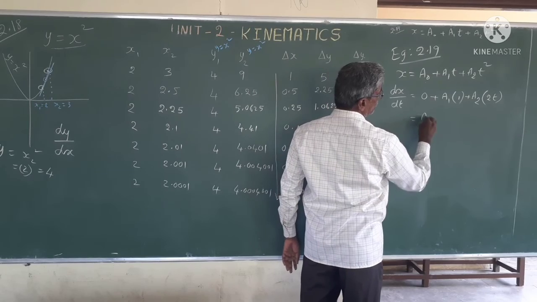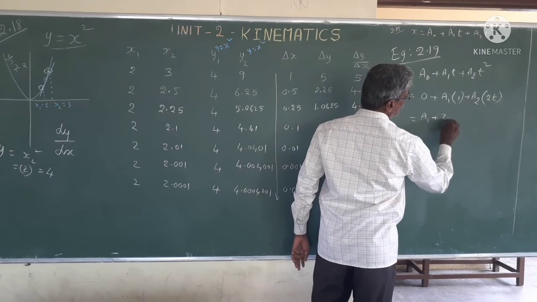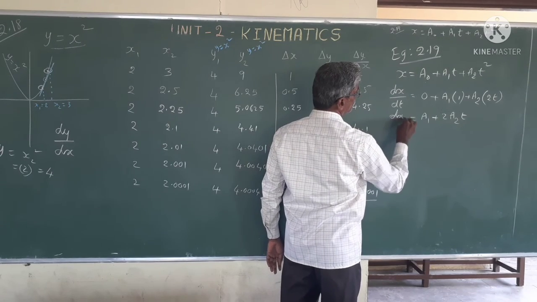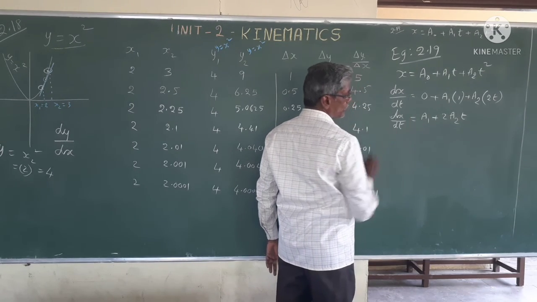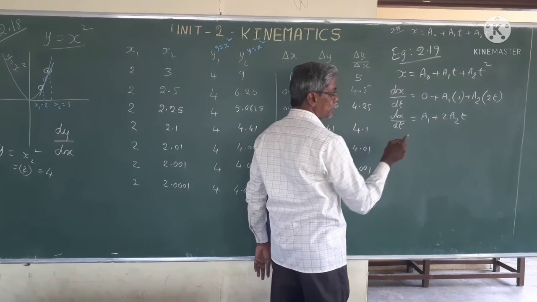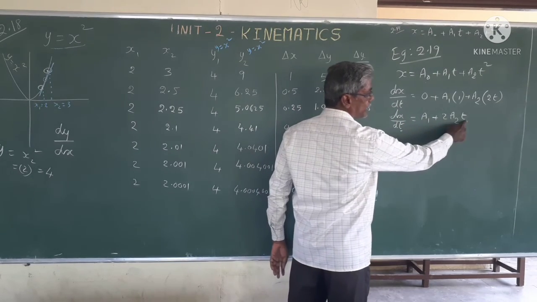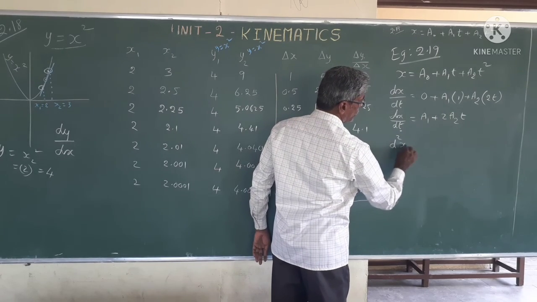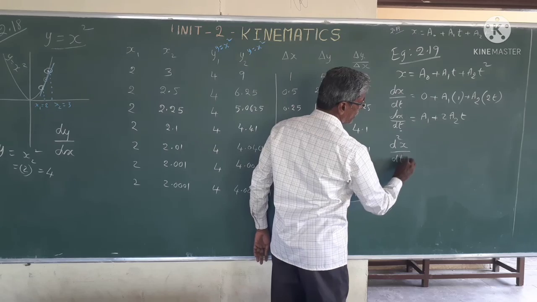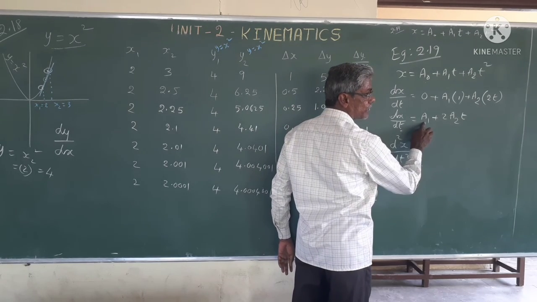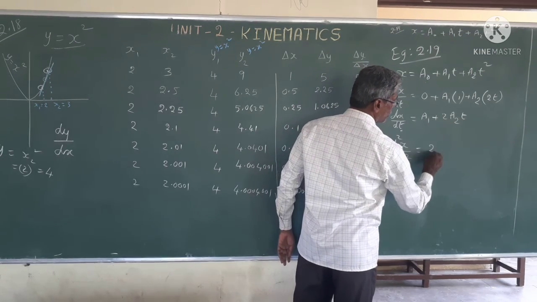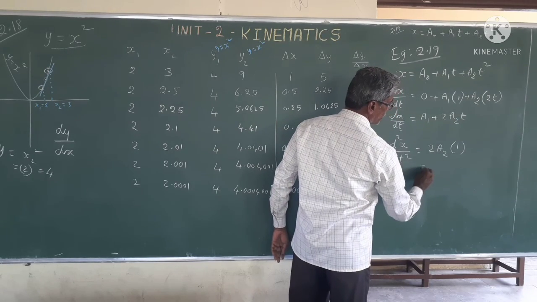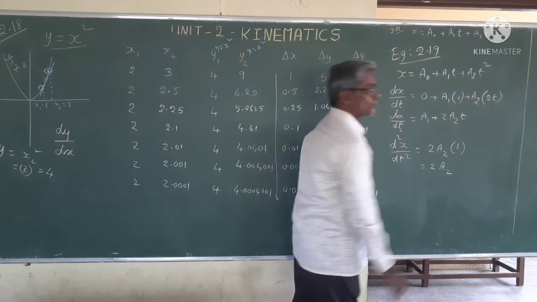So I can write a1 plus 2 a2t. We are differentiating with respect to t, so that t is there. Once again we have to differentiate. I can write d square x by dt square equal to a1 differentiated gives 0, plus 2 a2 t differentiated gives 1, so it is 2 times a2.